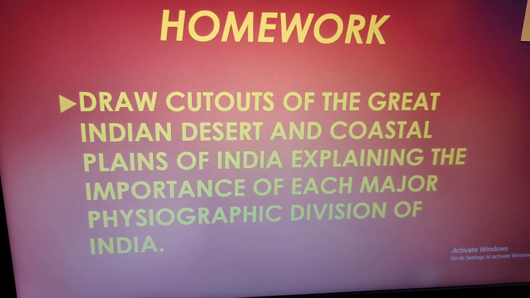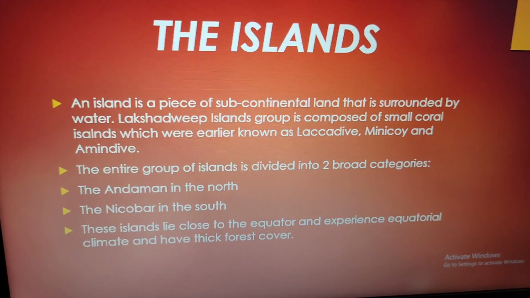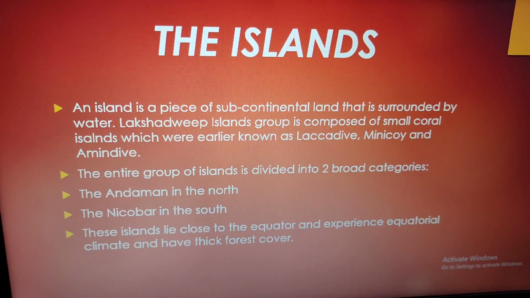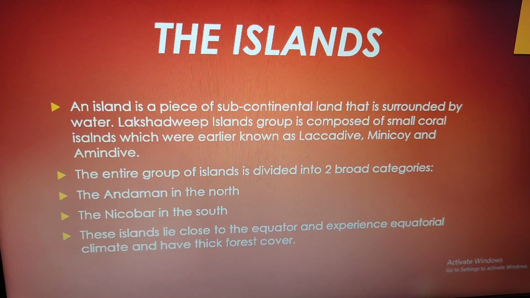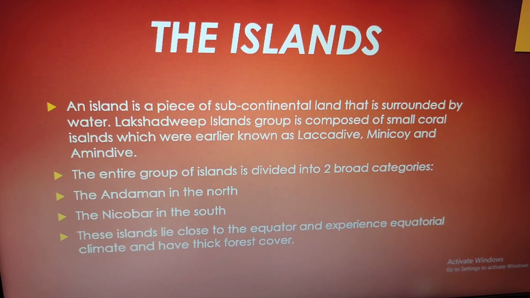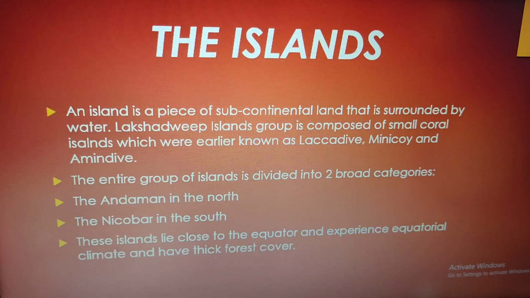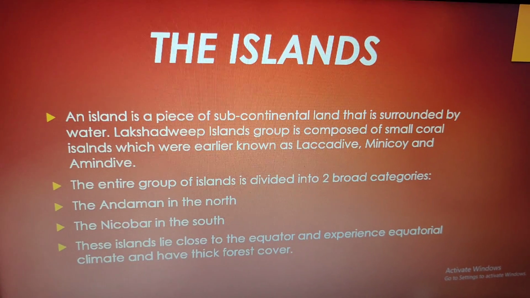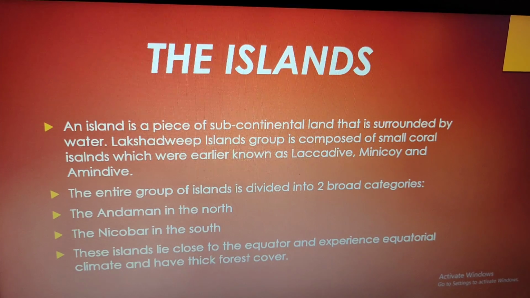Now, this was the homework which I had given you yesterday. Now, moving on to what islands are. An island is a piece of land that is surrounded by water from all sides. The Lakshadweep Island group is composed of small coral islands which were earlier known as Laccadive, Minicoy, and Amindivi.